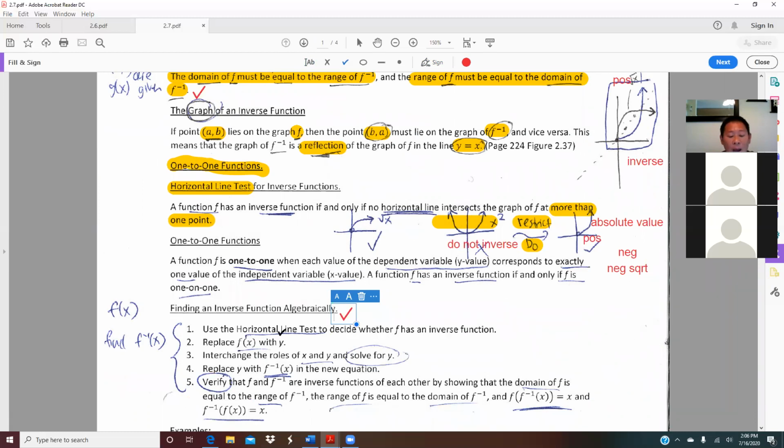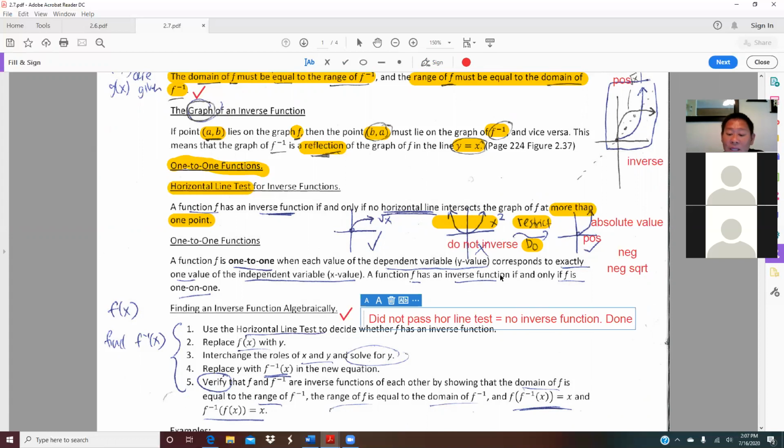If it does not pass the horizontal line test, it has no inverse function, and you skip the rest. You're done.